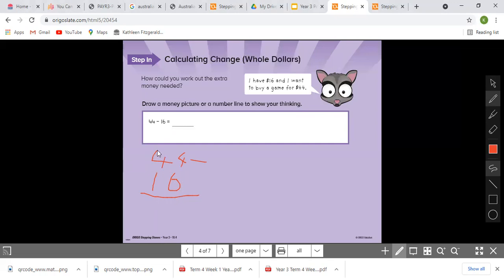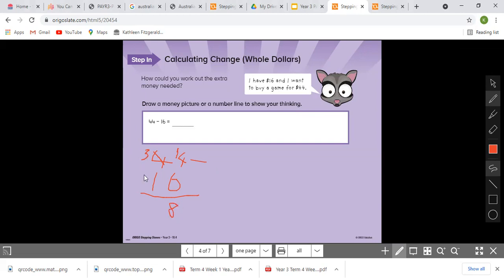But what we're going to do is borrow from this tens column here. And we're going to change that to 3 tens instead of 4 tens. And we're going to bring that group of 10 that we took from here and put it over here to make 14. Now we've got 14 minus 6, 8.